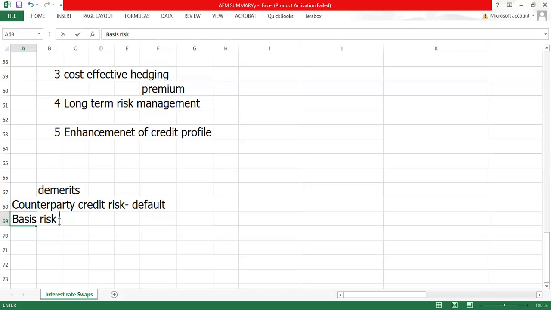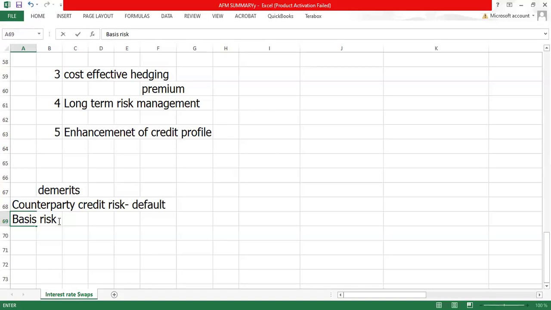So there is always that the movement may not go in the direction you thought at the start. So the floating rate may differ from the actual exposure. So there is also that kind of risk, the basis risk.